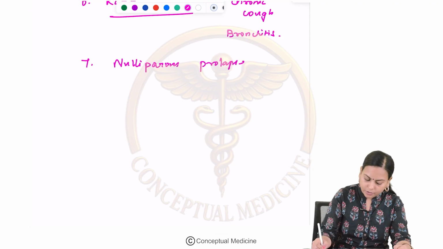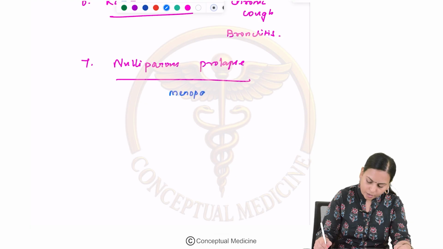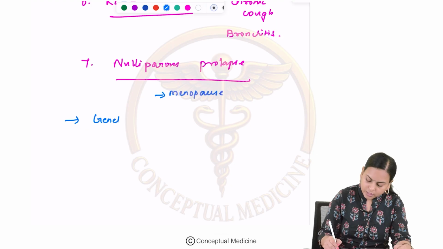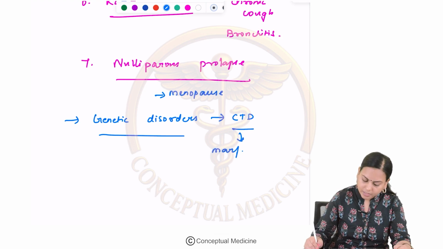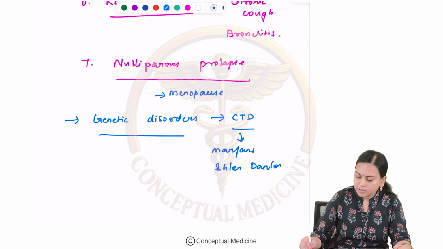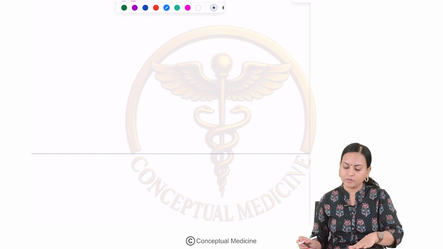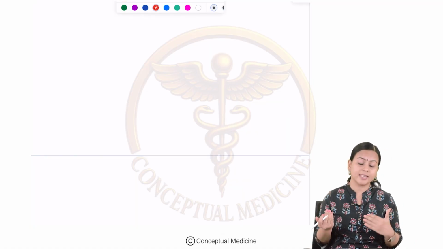Nulliparous prolapse is mostly seen after menopause, and it is mainly due to genetic disorders, especially connective tissue diseases like Marfan's syndrome or Ehlers-Danlos syndrome. Clear? Right.